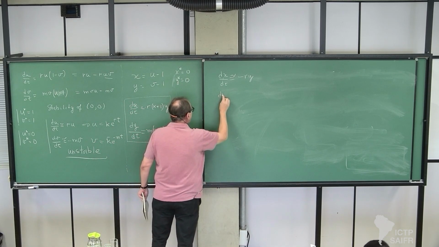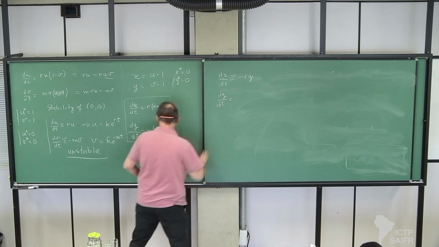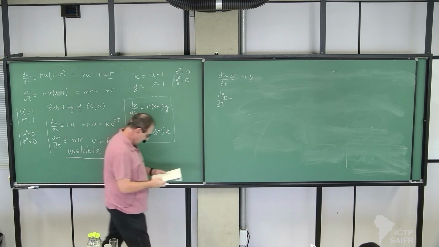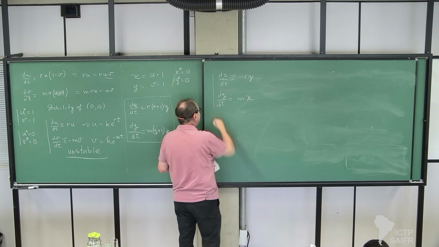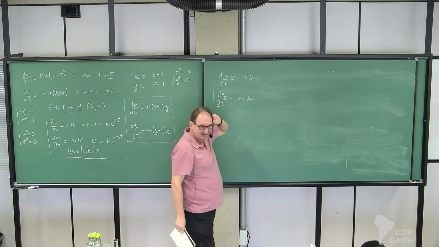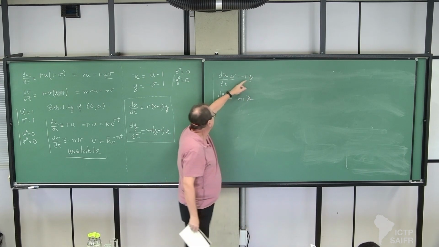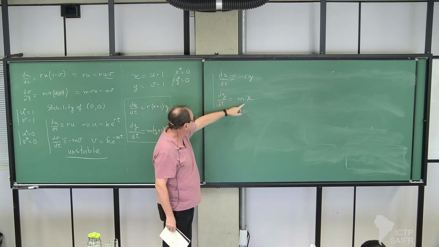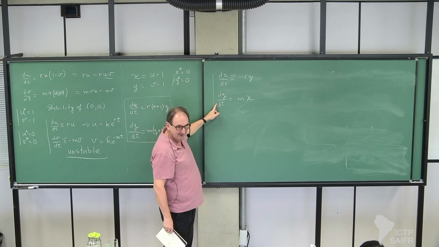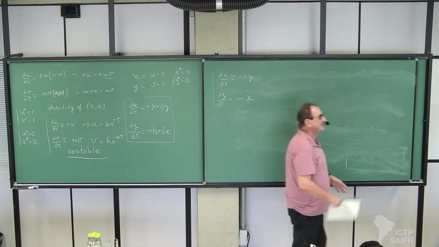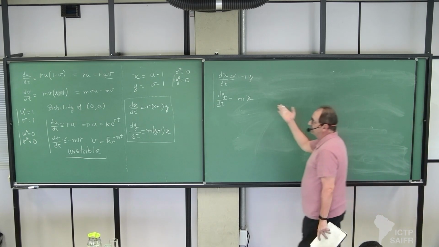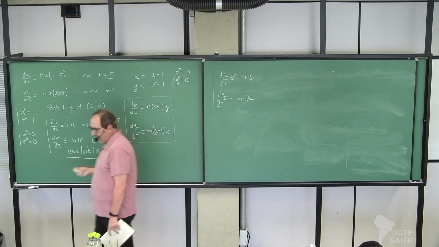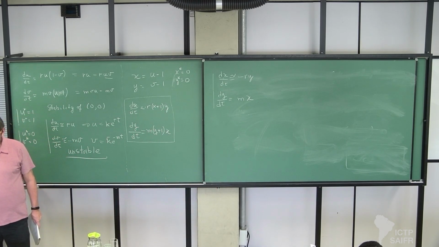Then I get this other equation here, which is approximately equal to mx. So now there are coupled equations, okay? y is driving x, and x is driving y. However, these are linear equations, a system of two first-order linear equations, which are always easy to solve.